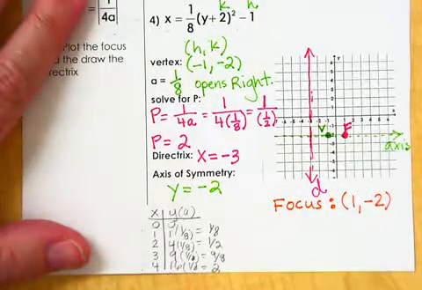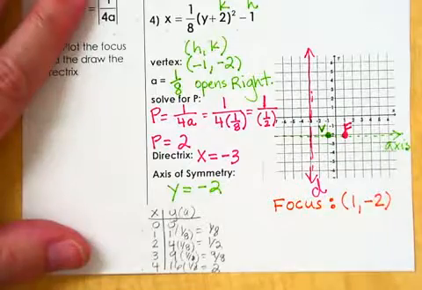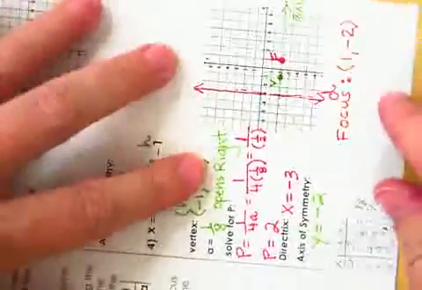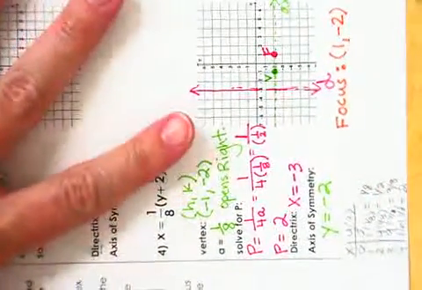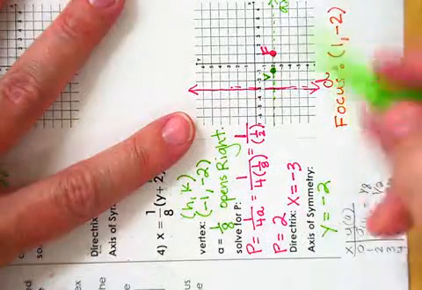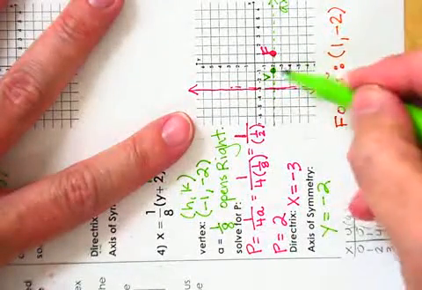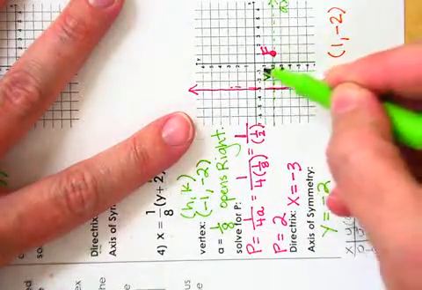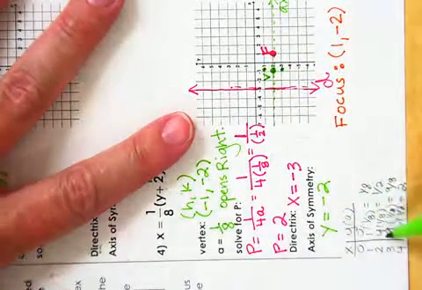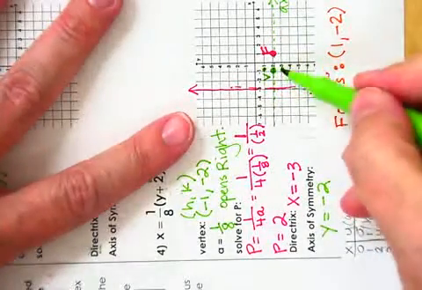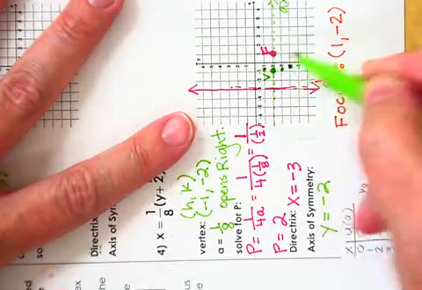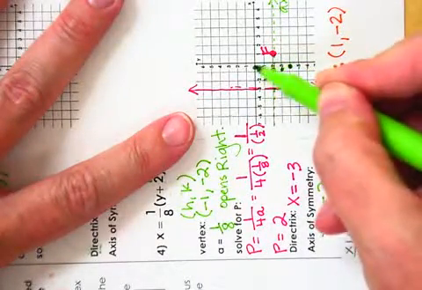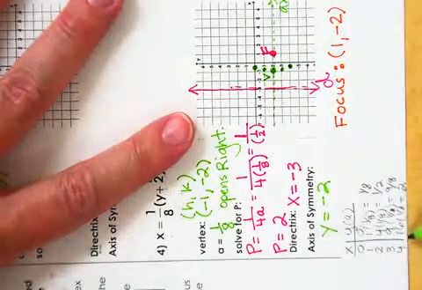So now I can finish graphing. Again, what I'm going to do is rotate my paper so that the focus is going up, so the parabola is opening up. And I'm going to go from the vertex and go over 1, up 1/8. 4 is 1/2, oh, excuse me, over 2 and up 1/2. And I'm going to go to 16.